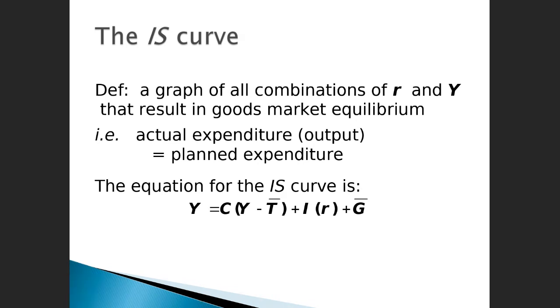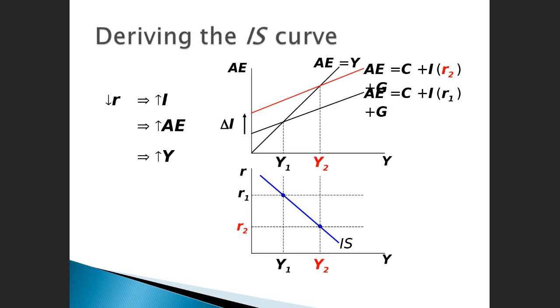The graph of all combinations of rate of interest and income that results in goods market equilibrium is called the IS curve. Actual expenditure equals planned expenditure. The equation for the IS curve is Y = C + I + G, okay. This is the figure of the IS curve.